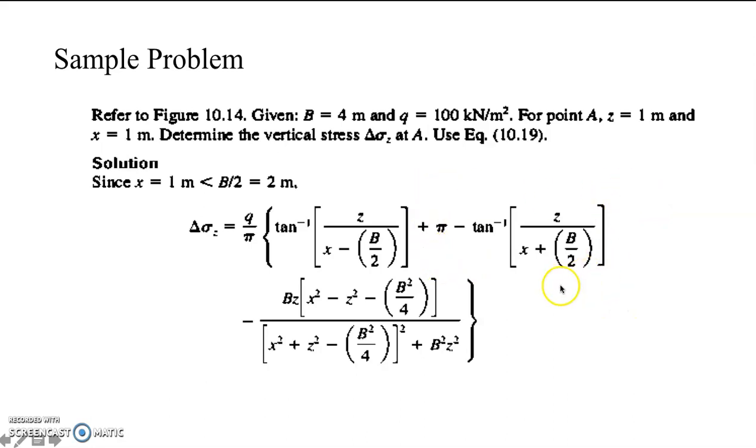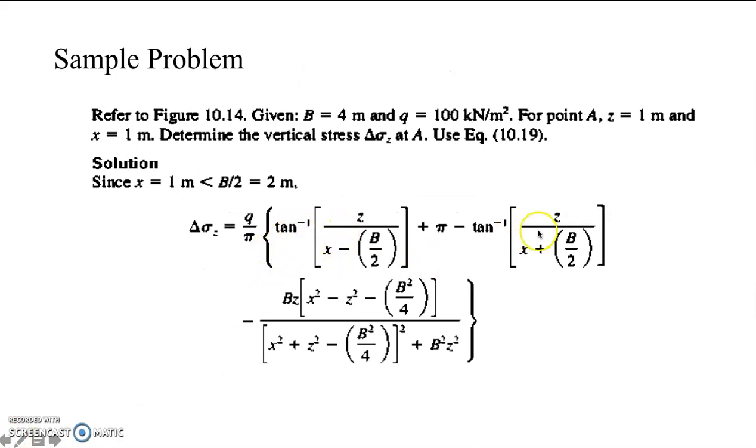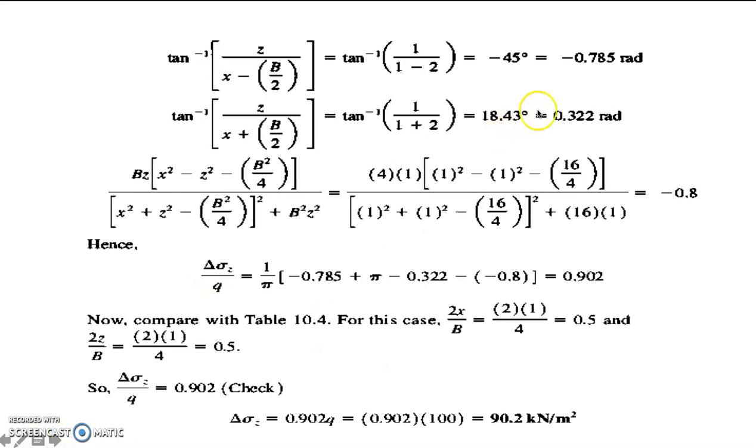So this is now our equation to compute for the stress caused by the vertical strip load, since our x is less than b all over 2. So we need to get the value for each. It was simplified, so we have here the values of 0.0785 rad, 0.322 rad, and negative 0.8.